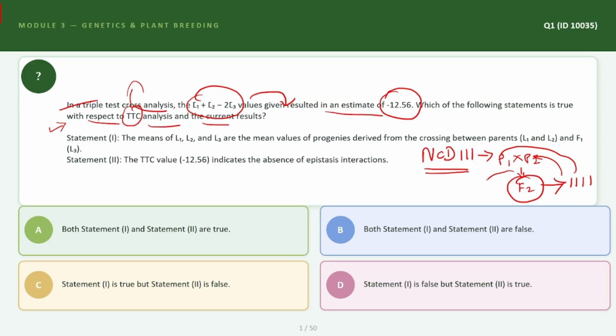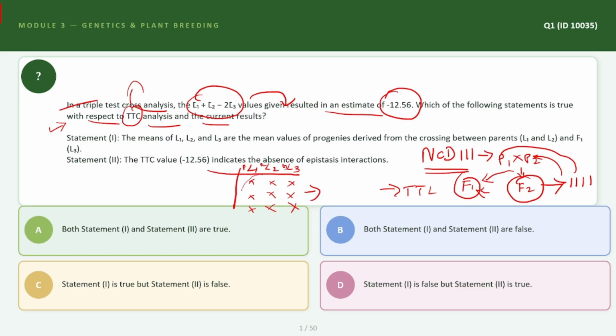If you cross the F2 with F1 also, then it becomes TTC. That is how you estimate L1, L2, and L3, the progenies you will get like this.